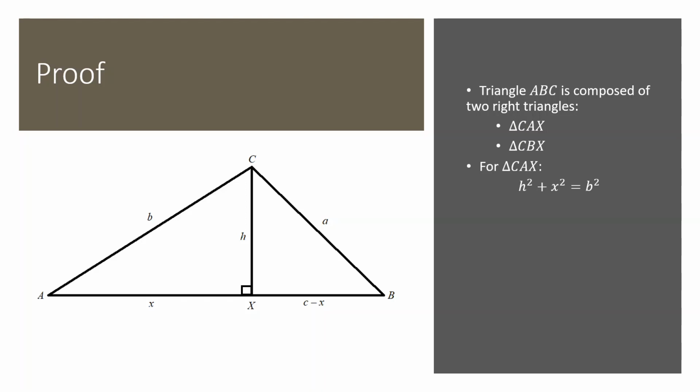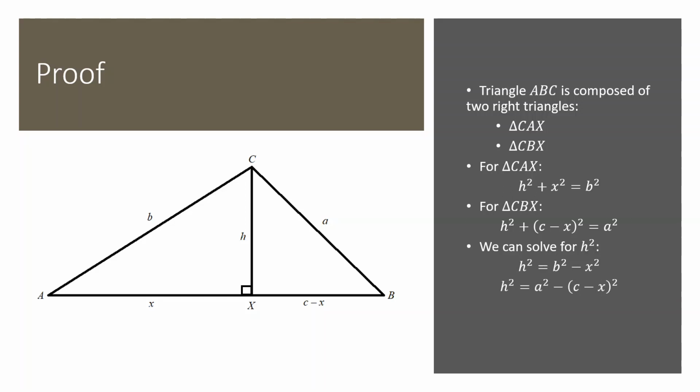So for triangle CAX, as you can see, h squared plus x squared is equal to b squared. And for triangle CBX, we have h squared plus (c minus x) squared equals a squared. Now, both of these equations have h squared in common, which means we can solve for h squared.